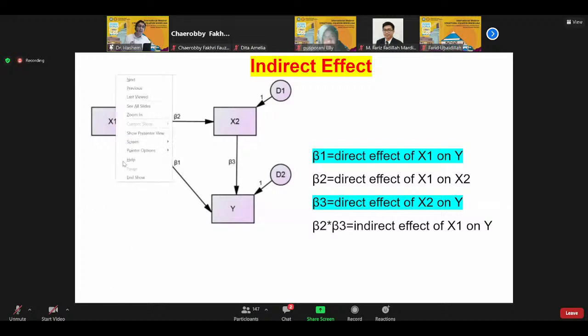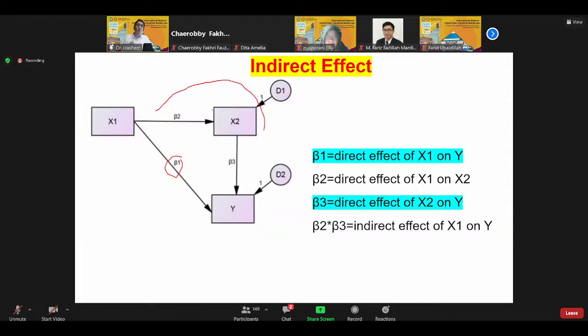So normally, when we're talking about coefficient analysis, we're always looking at the direct effect. However, in structural equation modeling, we have indirect effect, right? So x over y has a direct effect from here, and we have an indirect effect through x2 over y.